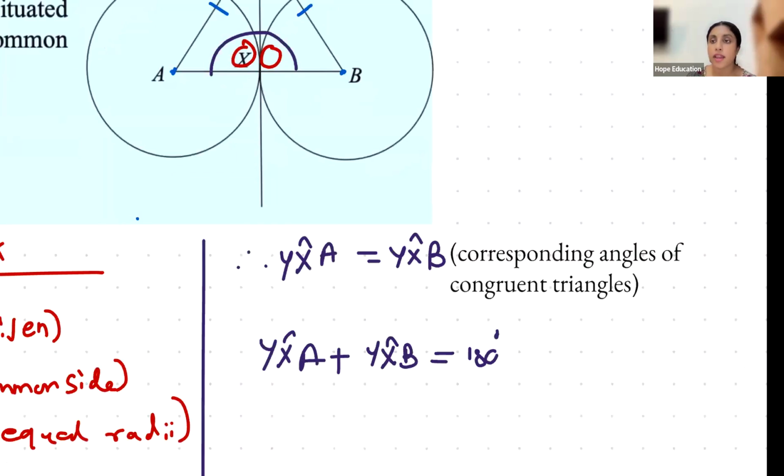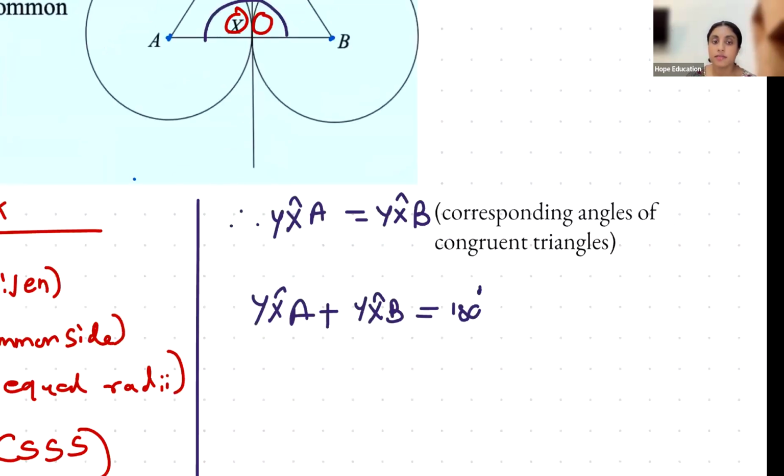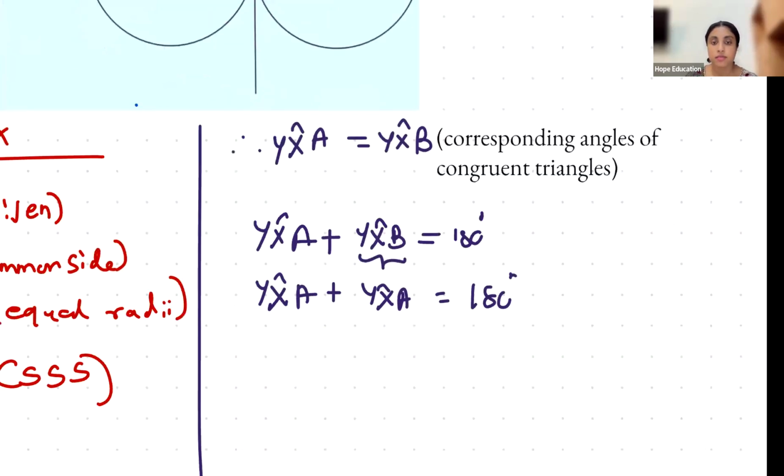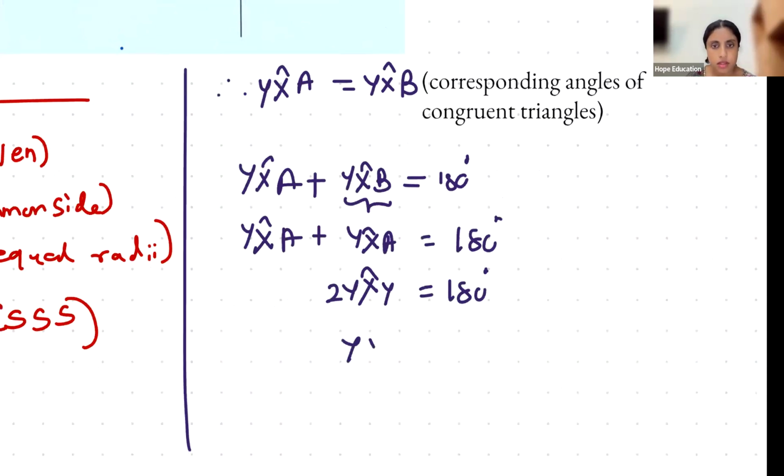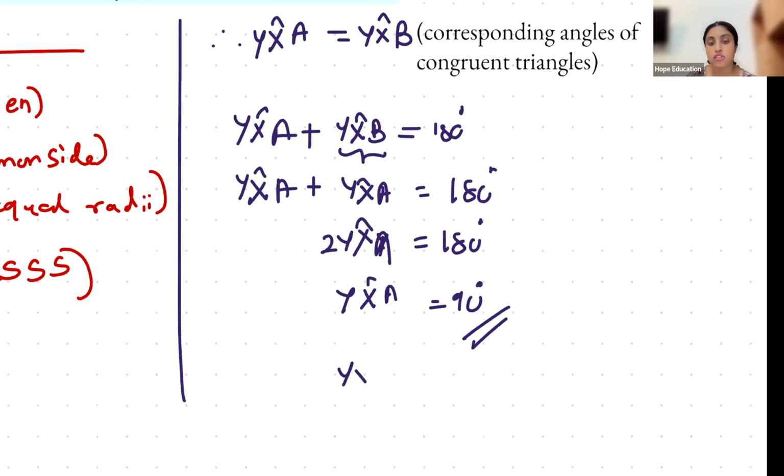Now, since YXA and YXB are equal, instead of YXB we write YXA. So 2YXA equals 180. Therefore, YXA equals 90. And since YXA is equal to YXB, YXB will also be equal to 90.